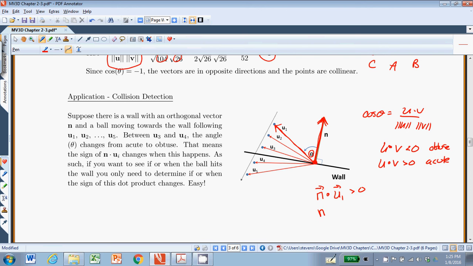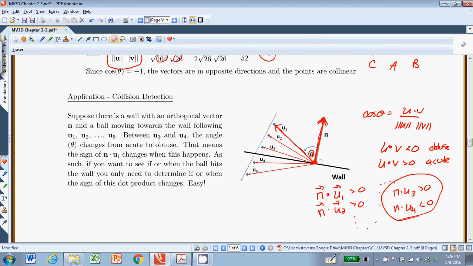Then I take n dot u2, and again that would be greater than 0 because it's acute. I continue this every time I get a position of the ball. Then n dot u3 would be greater than 0, and n dot u4 would suddenly be less than 0. Right here, there's a switch from acute to obtuse.